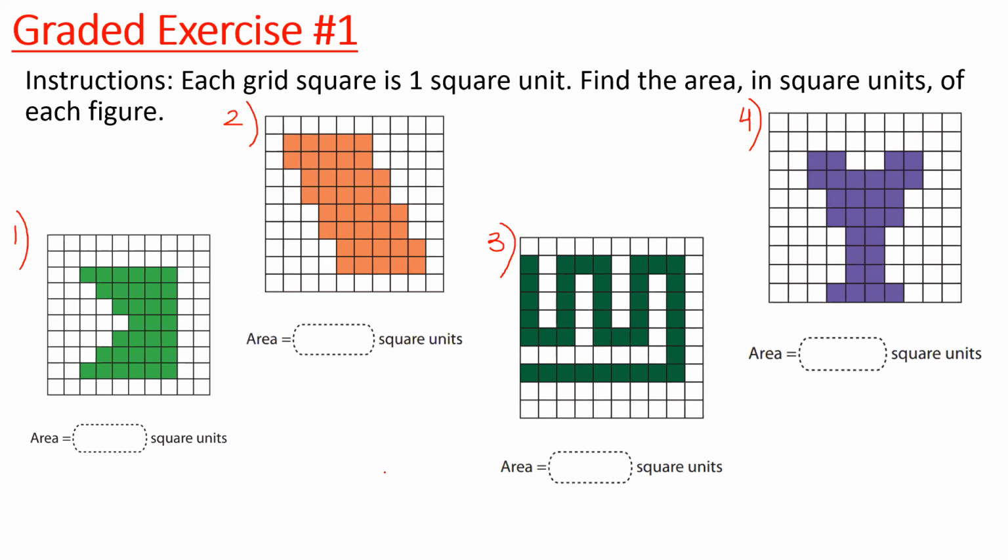Ashton, what number are you on? Number three, sir. Number 3, okay. Bethany, what number are you on? Number two. Number 2, you understand what to do? Yes, sir. Okay, what number are you on? Number two. Number 2.